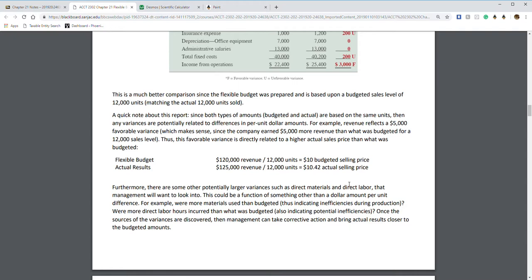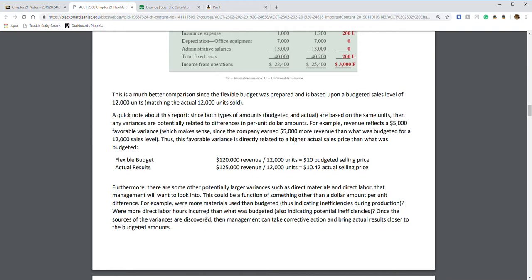But this also raises the question, if we're making more money, why is there so much of a difference between our direct materials and direct labor? Why did we use more materials, or buy more materials, than what we budgeted? Why is direct labor more than what we wanted?